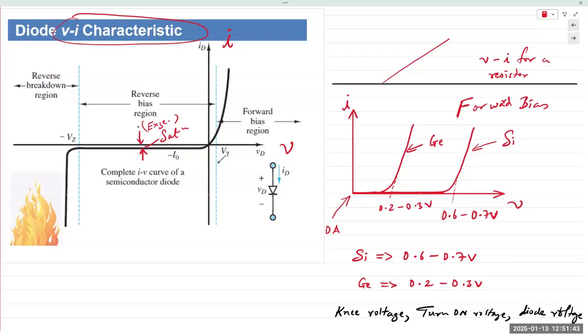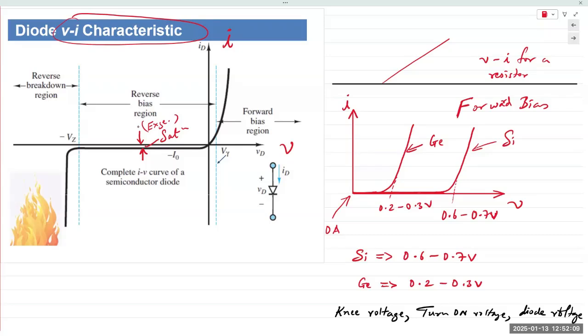Now, it will stay off in the reverse bias, but if you keep applying large amounts of reverse bias voltage to a diode, at some point the PN junction is going to break down. They are being pulled apart. A large number of charge carriers are going to flood through the junction.